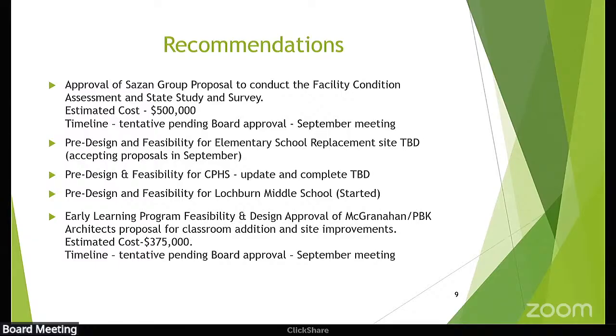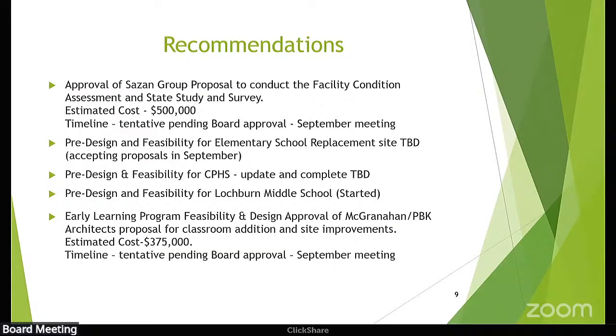So Rick, the pre-design and feasibility studies list here, these are the top priorities right now. Well, for example, the elementaries, those can be used for a lot of different sites, right? So we're looking at that one. Lockburn has been a priority expressed by the superintendent and the leadership team that we needed to address.